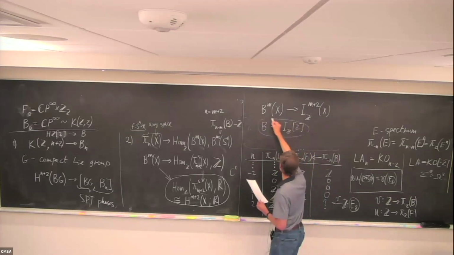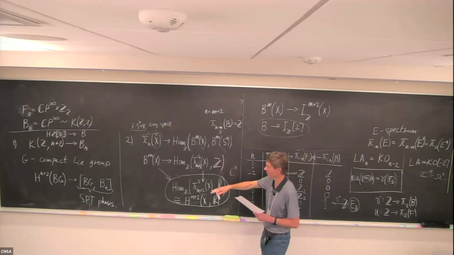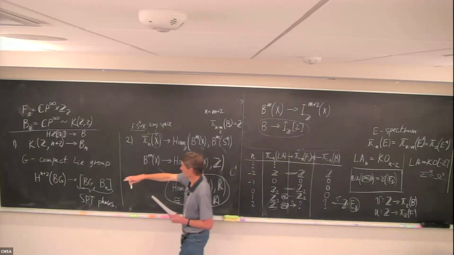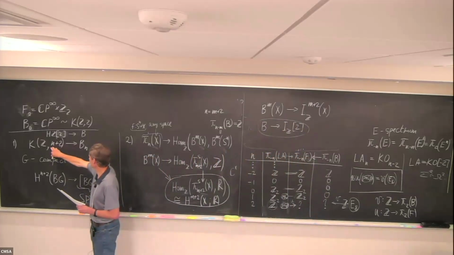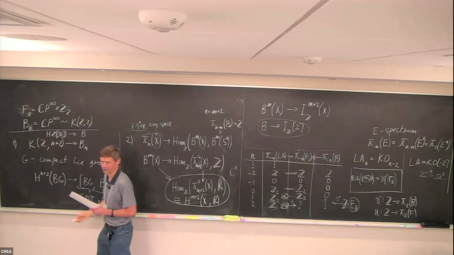And that is a completely abstract argument. It only uses the fact that Kzn plus 2 agrees with B for n equal to minus 2. That's all.